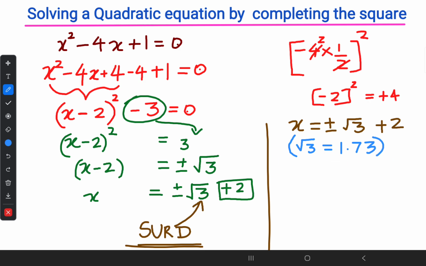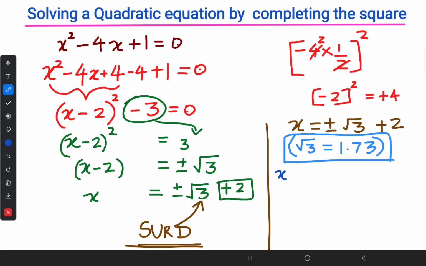Don't bother about it. In all the questions in your past papers they will give you the needed square root values, so no worries. Then I told you one solution with positive, another solution with negative.